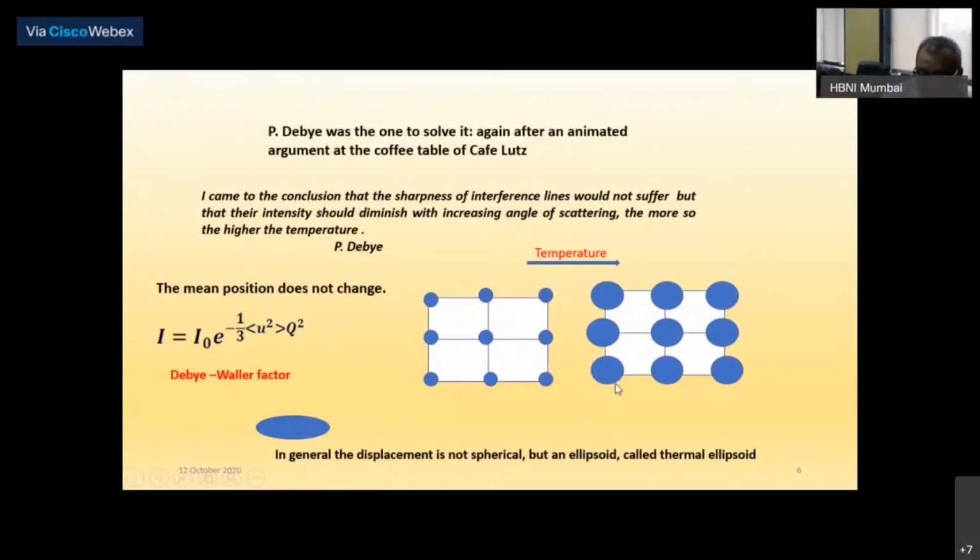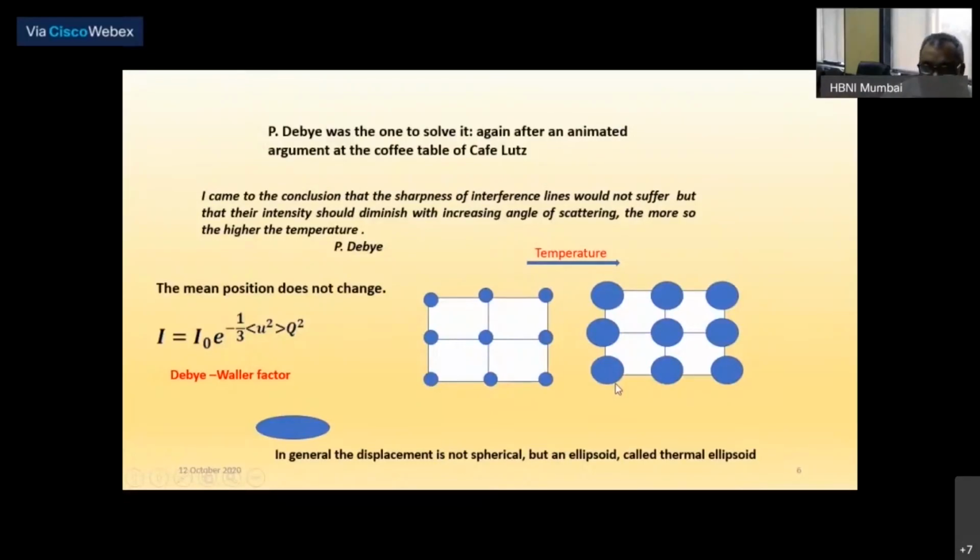So it is as if you have got a larger scatterer compared to a smaller scatterer. This is true for neutrons also, because when I say lattice position, the nucleus with the associated electrons will be oscillating around this mean position, and it will be a larger and larger spread in real space. And this is something like a form factor.